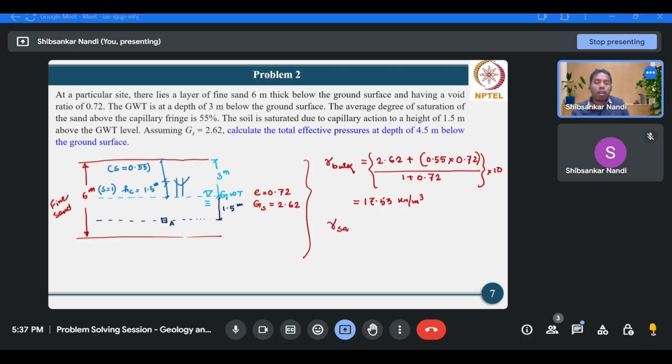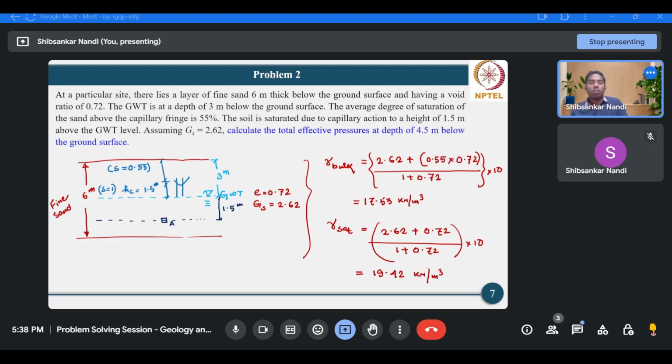And gamma sat is (2.62 plus 0.72) divided by (1 plus 0.72), into 10. So it's 19.42 kilonewton per meter cube.